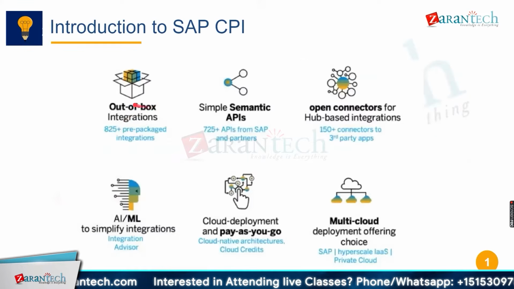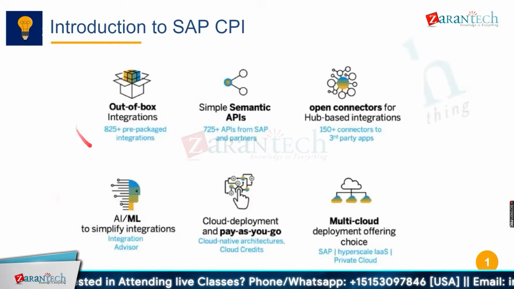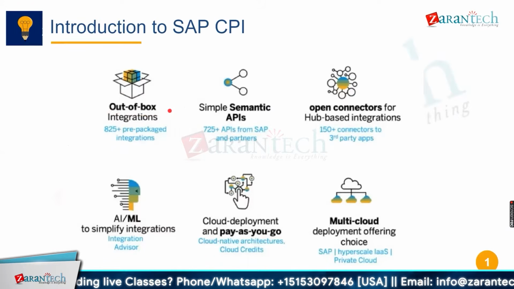Okay. Now we'll go in depth into how this SAP CPI will connect with the other applications. Now CPI basically depends on some pillars, right? Pillars in the sense that it completely maintains or depends on something. Now, what is out-of-box integration? Out-of-box integration means something which is already available and you are utilizing the services, right?